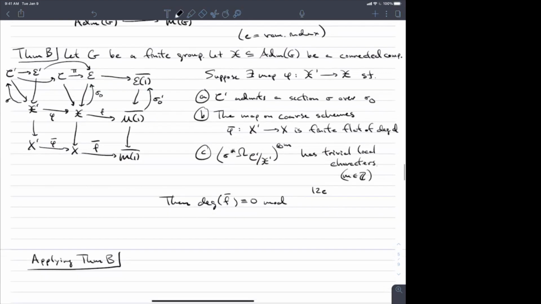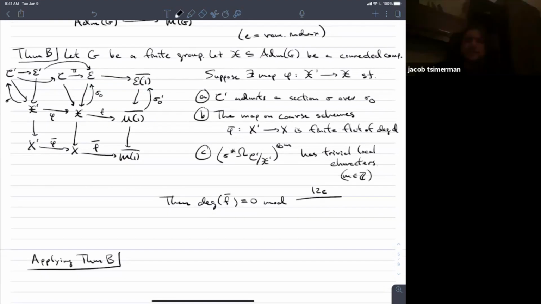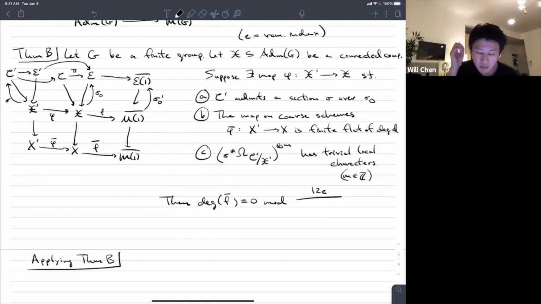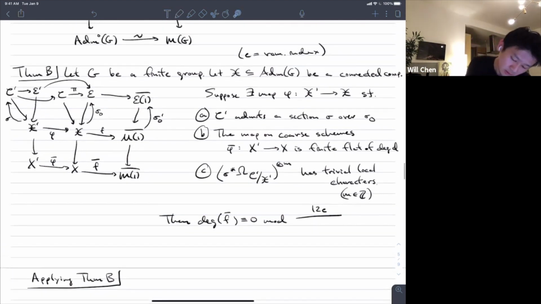Can I ask, when you say ramification index, do you mean the generic ramification index? Or this is not something happening at one point, right? It is something at one point essentially. What I mean is, it turns out that this universal family C is representable over X, E is representable over X, and this map is also representable.